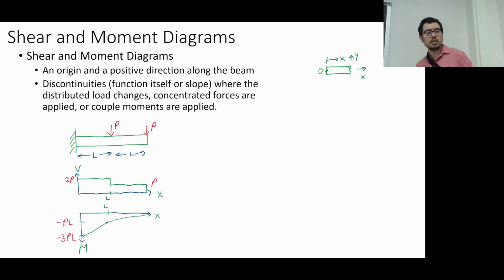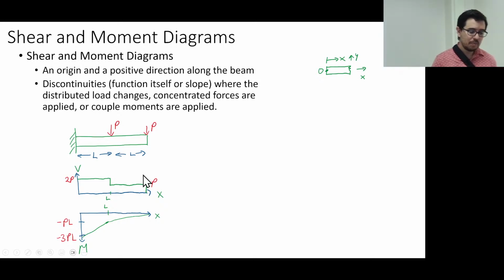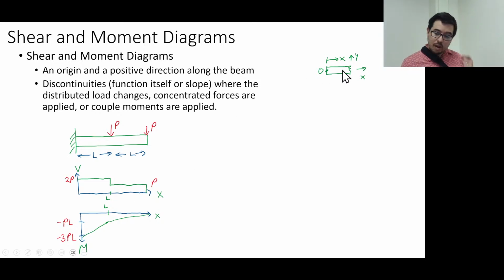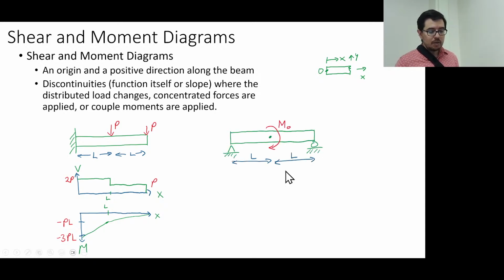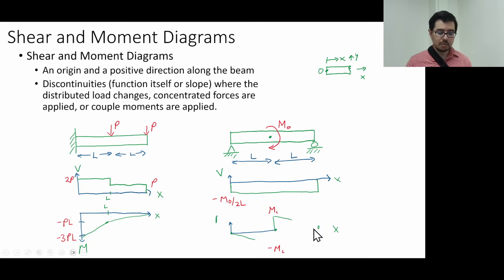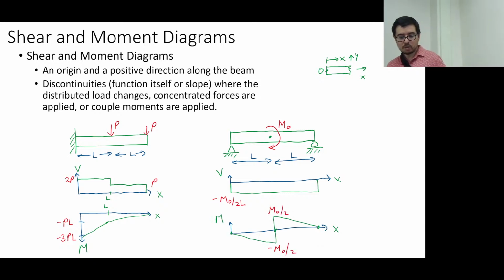Up to now, the primary way of creating these diagrams was to do equilibrium on these types of diagrams, but we're going to show you a couple of different ways to do this. And here's another one for the bending moments, or this is shear forces, and then here are the bending moments. But this is with a concentrated bending moment.